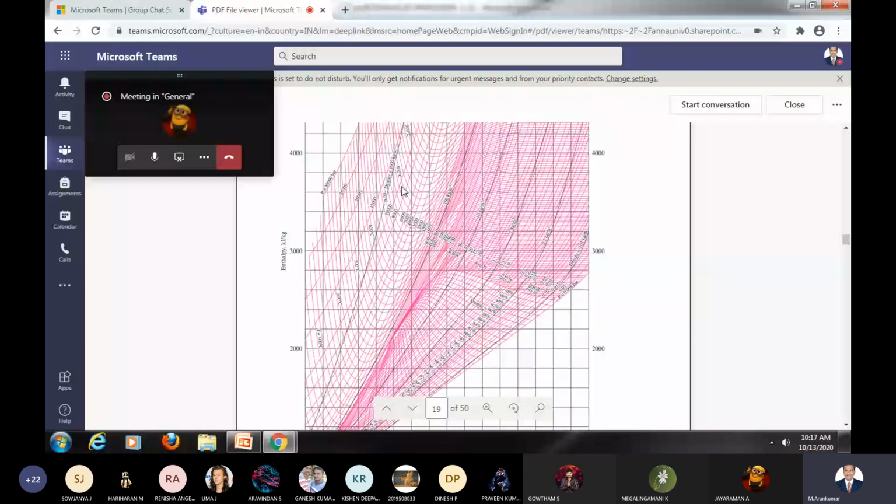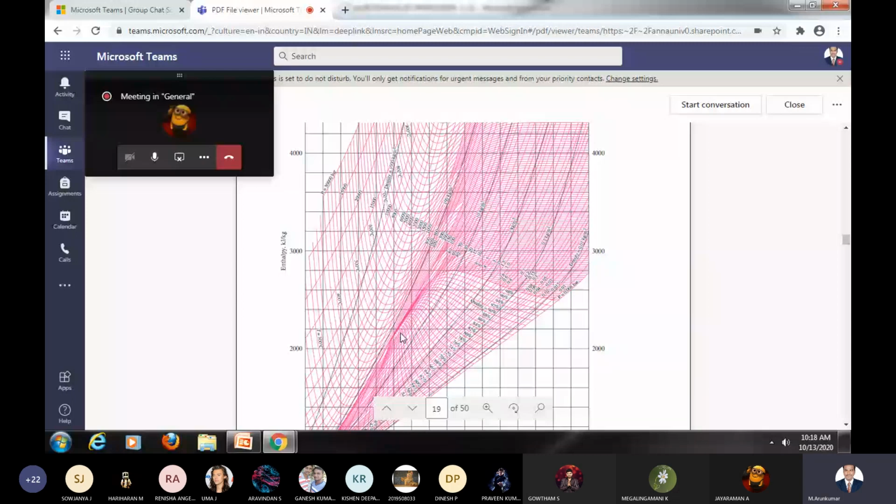Then these are the density lines. Then also we have this. What is this? This is X. So these lines are for quality: 100%, 98%. This one is 100%. Actually, this is the saturation liquid line, and this is the saturation vapor line.